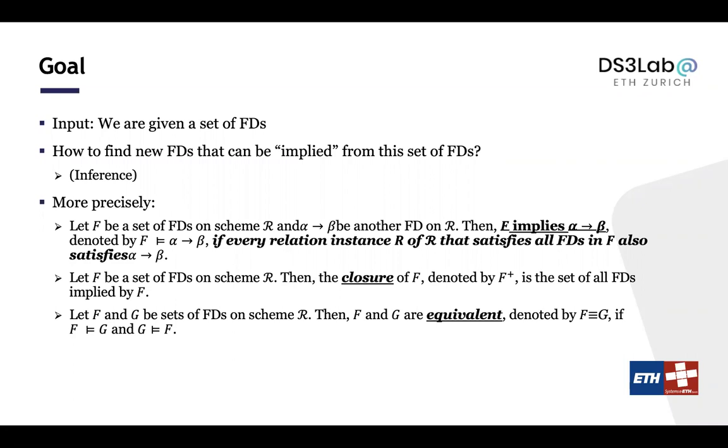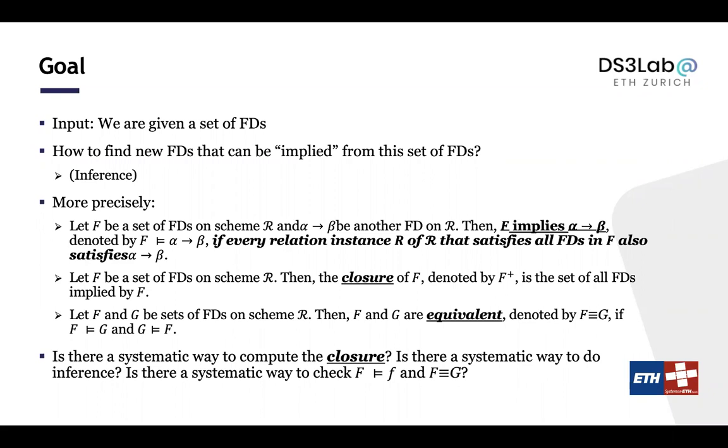We say two sets of functional dependencies on the same schema are equivalent if F implies G and G also implies F. If both hold, you have two equivalent sets of functional dependencies. This is at the semantic level, what we mean by one functional dependency or one set of functional dependencies implying a new functional dependency or a new set of functional dependencies.